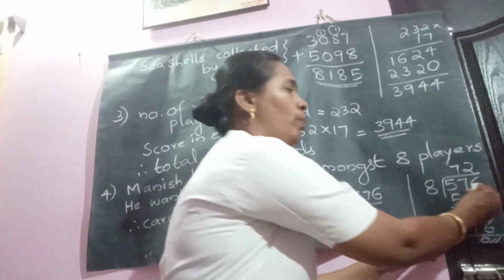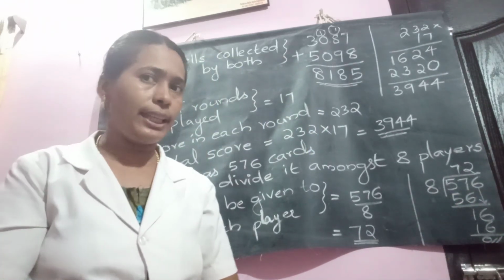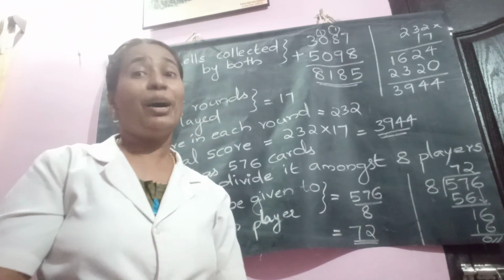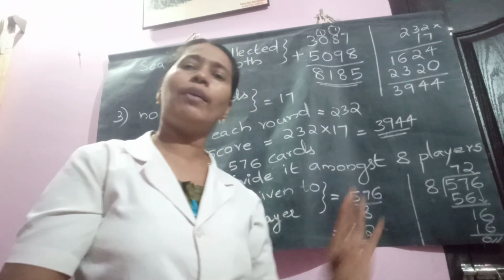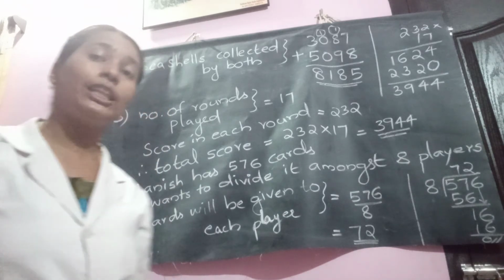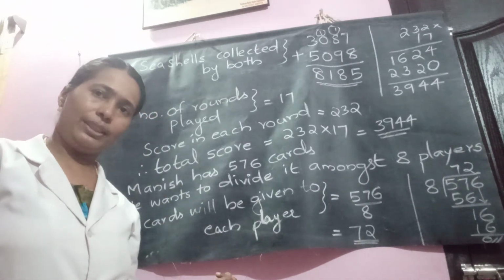Then we bring down 6. Now it is 16. In 16, how many 8s are there? Very easy, 2. Write 2 on the top. 2 8s are 16. Our remainder is 0. So what is the number of cards given to each player? 72. Okay, complete this. Thank you.